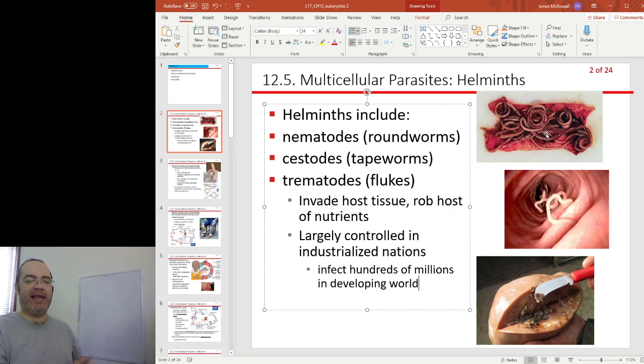We have children playing in that river. We have places where there are no toilets. You have people going and relieving themselves on the soil, and then if they are infected with the helminth, that soil is now contaminated, and the next person who encounters that environment can be infected.